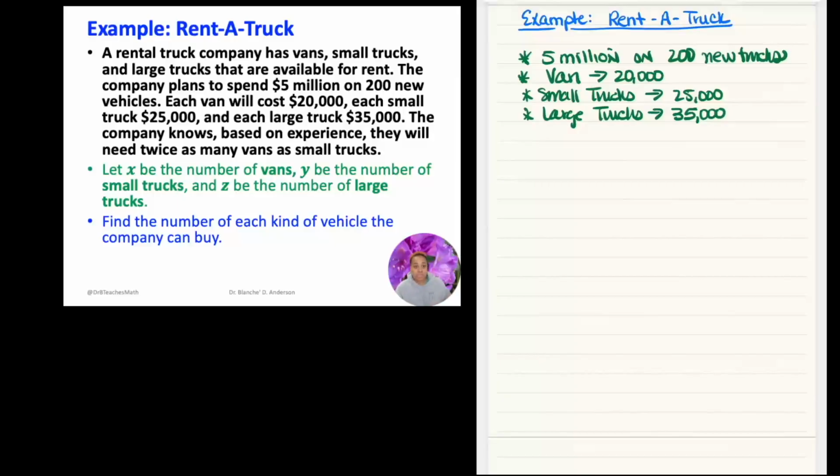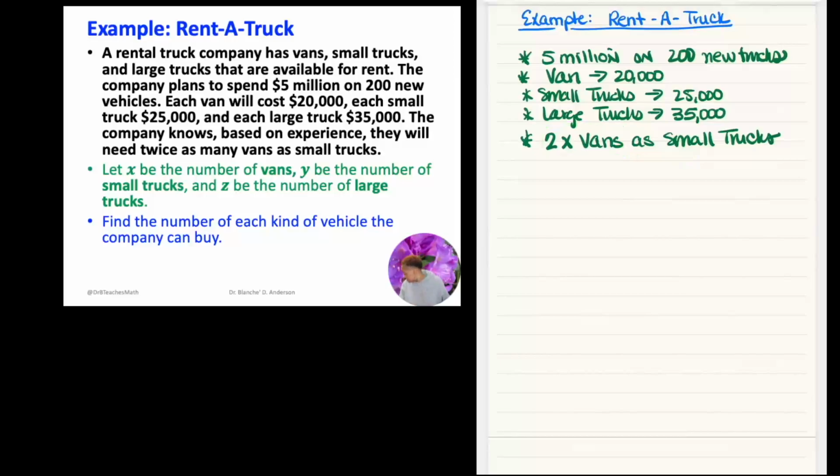The company knows based on experience they will need twice as many vans as small trucks. Twice as many vans as they have small trucks.